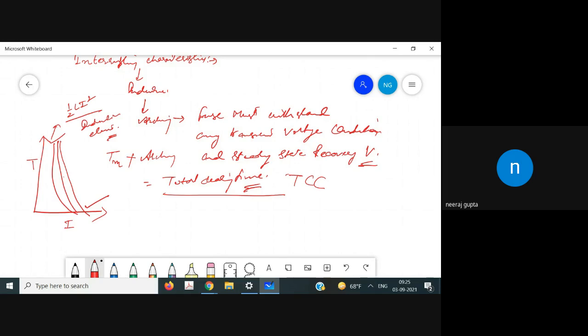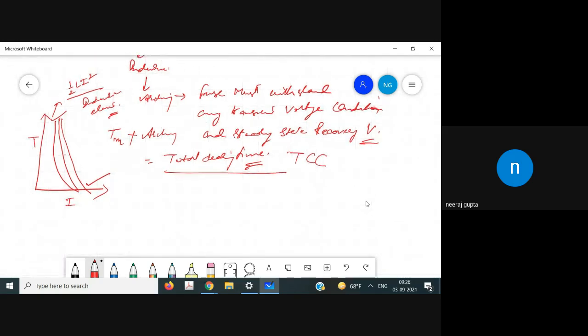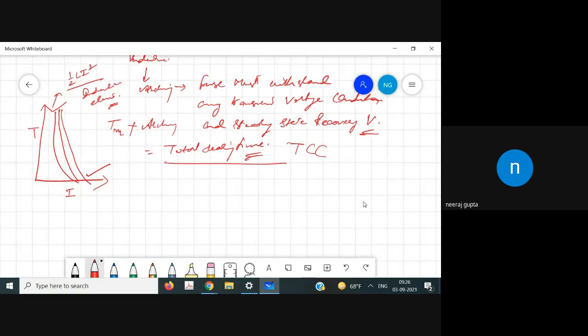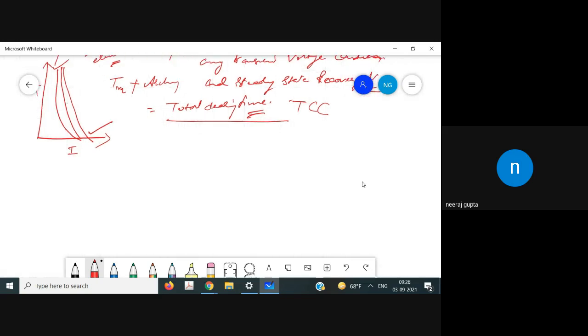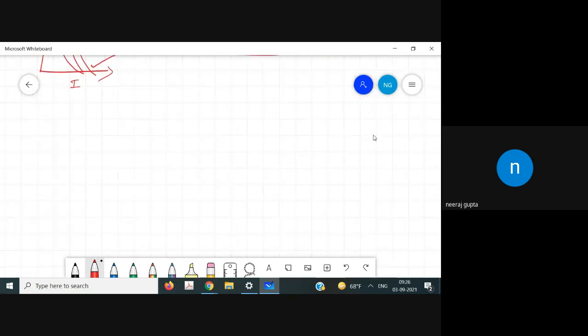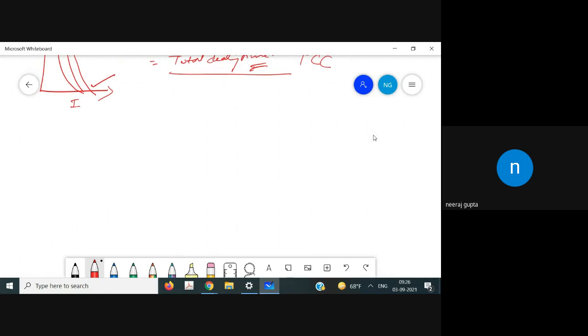Now, one more characteristic is there: the very inverse melting characteristics. Looking at the thermal characteristics, sometimes they would be very inverse melting characteristics.